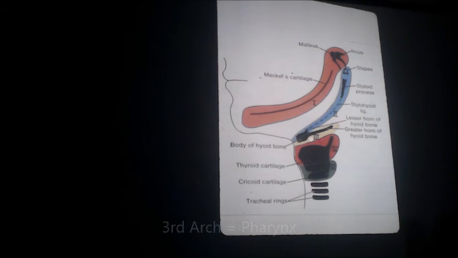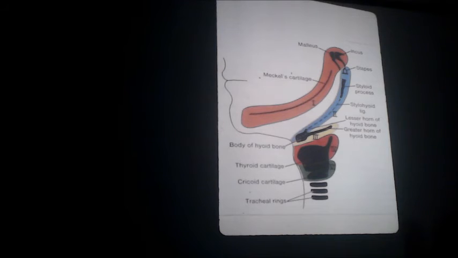And then with the third, think pharynx. So third, just pharyngeal or throat concern for development. And then fourth and sixth together for larynx, voice box. I really don't intend to ask you about the third and the fourth. It's the first and the second that's really important. All right.